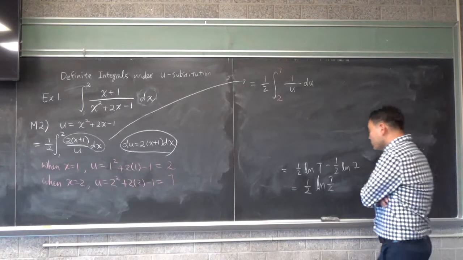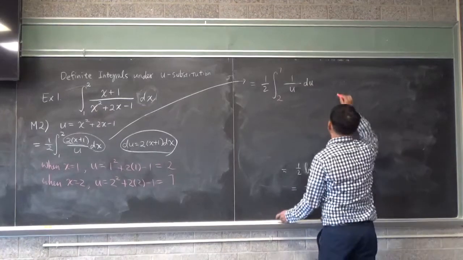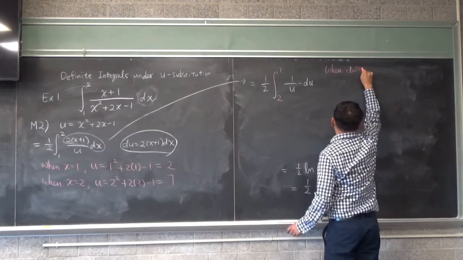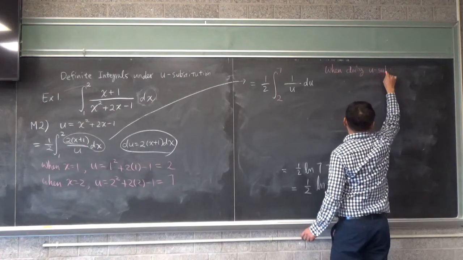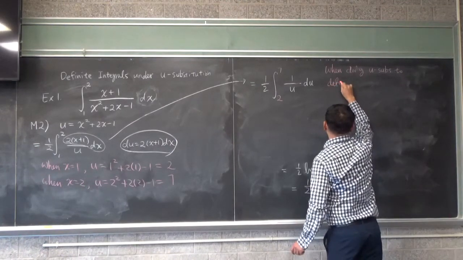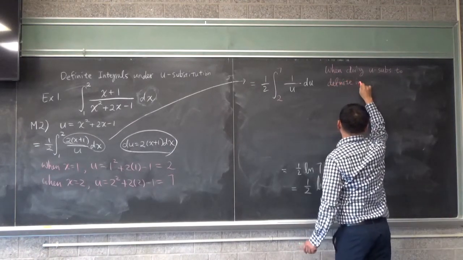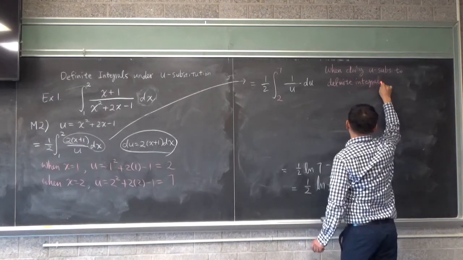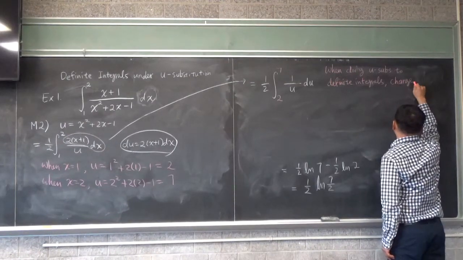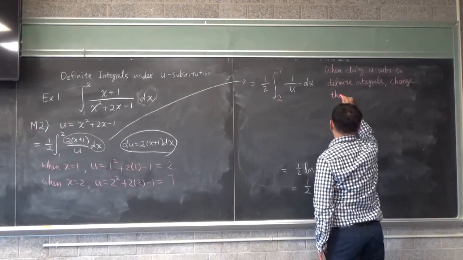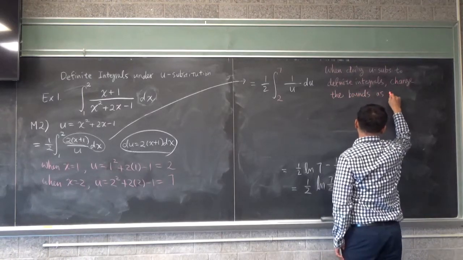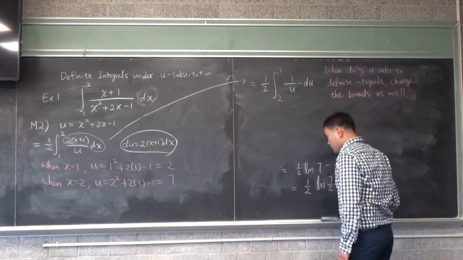So in other words, when doing u subs to definite integrals, change the bounds as well. That's my point.